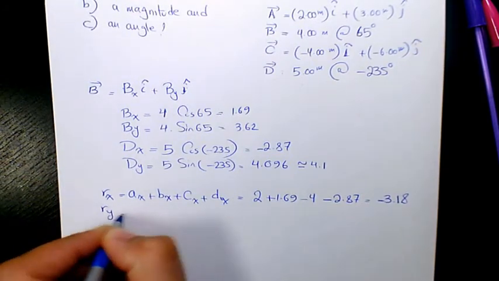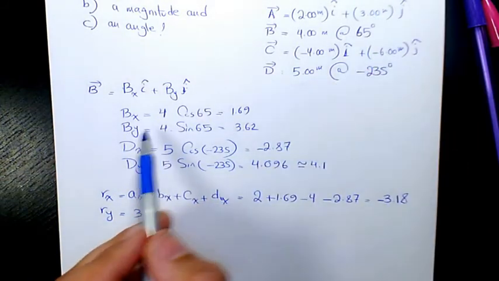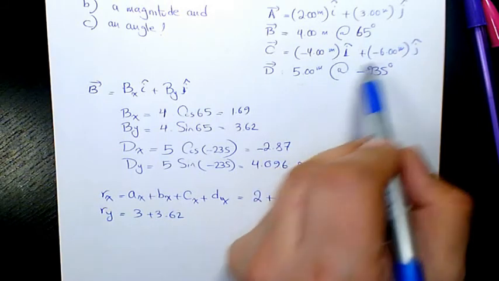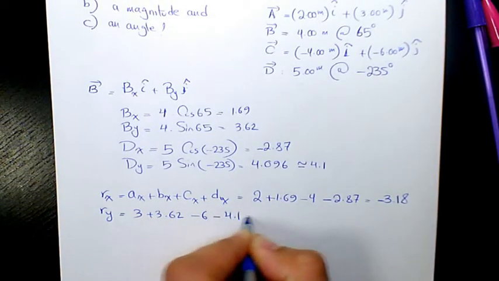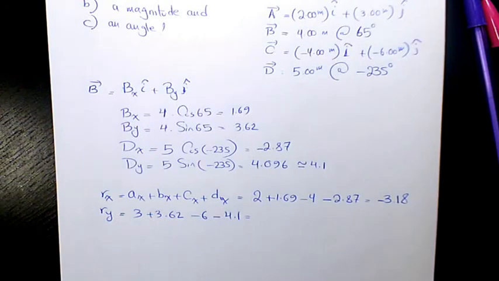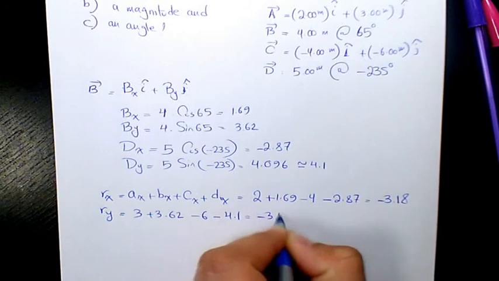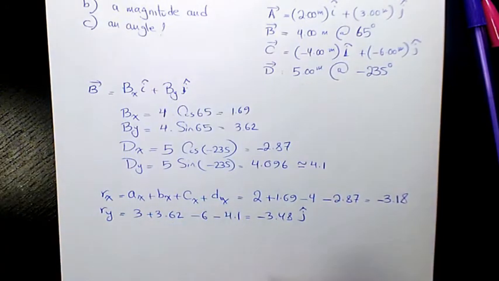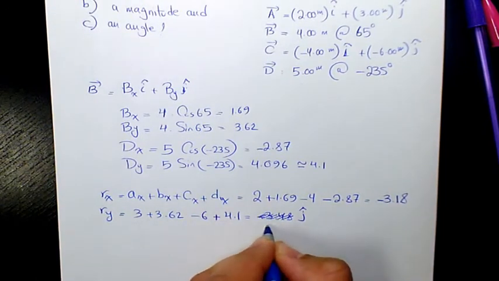Now Ry equals 3 plus 3.62 minus 6 minus 4.1. This one is actually plus, so it's going to be 4.72.